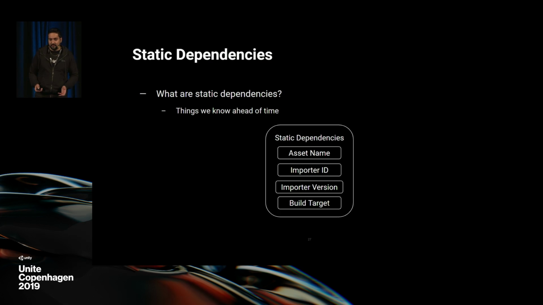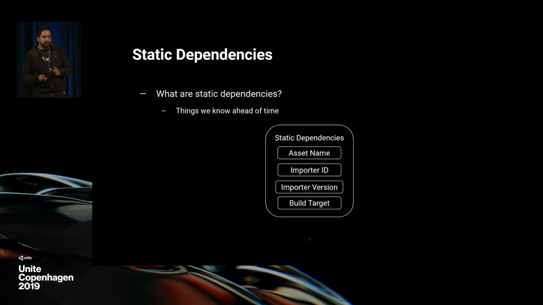Usually it's by extension. You have an FBX extension associated to the model importer. You have the PNG related to the texture importer. And you can also have scripted importers, and maybe you can change between importers to what you want to do.